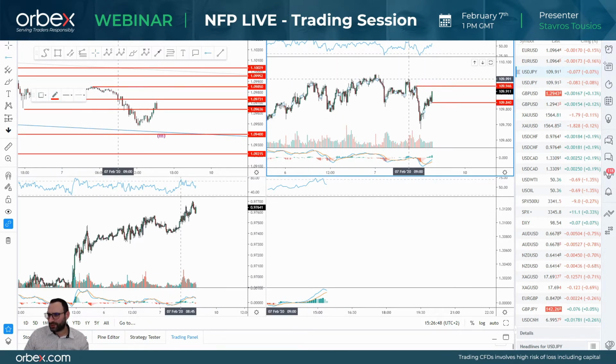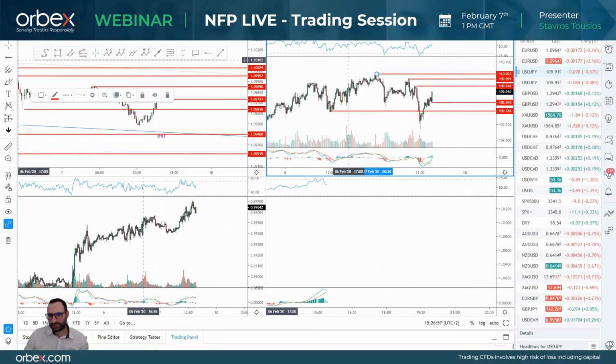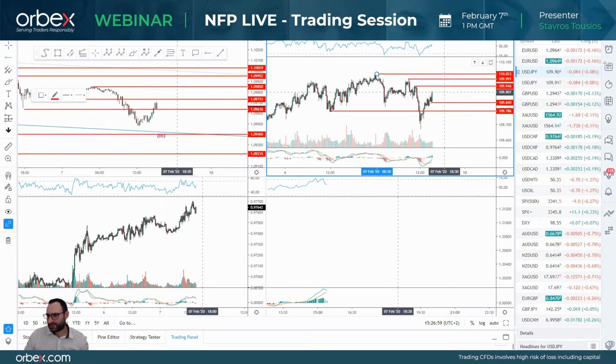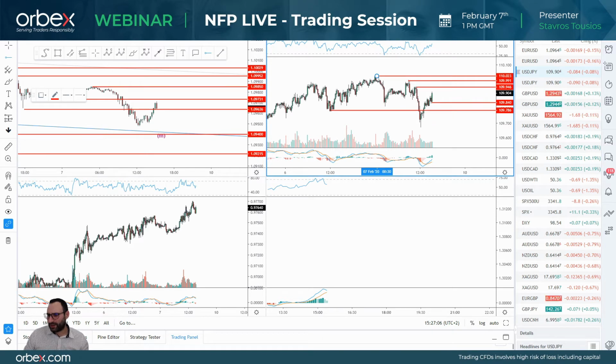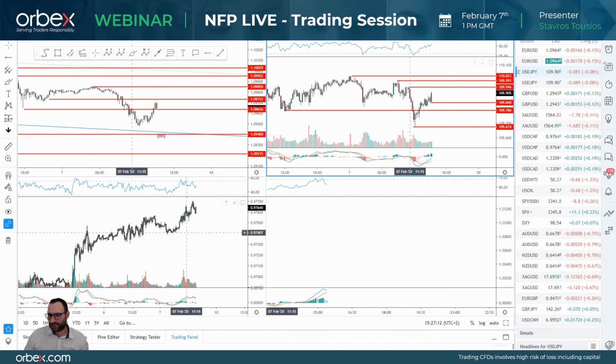Okay, 1, 2, 3, and this one is a good one as well. Don't forget the top, but also don't forget that we are around 110 if we go higher up, right? And down here, I think we are okay on dollar yen as well.